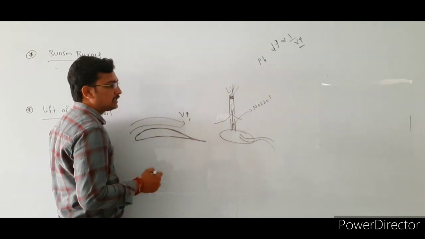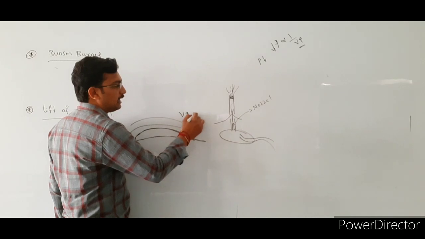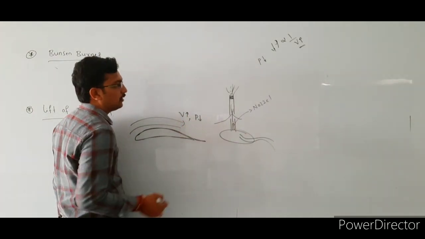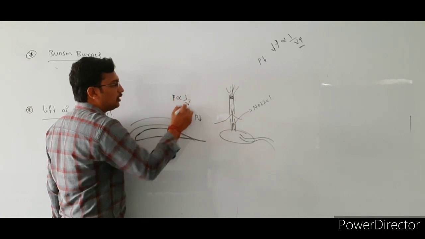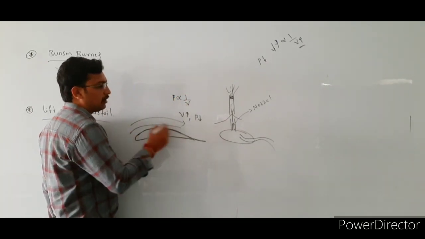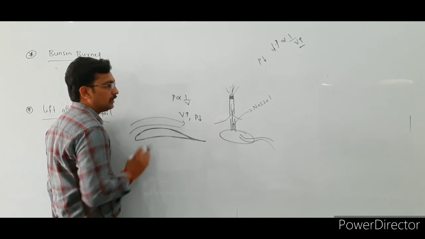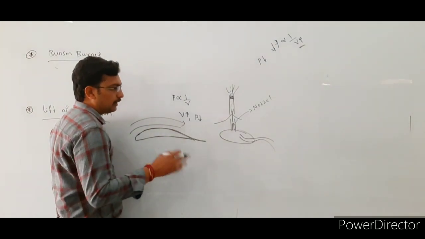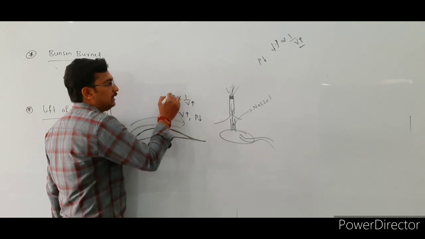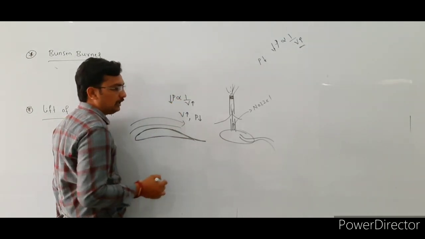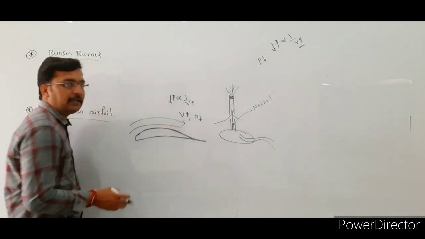If the speed is more, the pressure at that point is less, because according to Bernoulli's theorem, P is inversely proportional to V. The velocity of the air on the upper surface of the wing is maximum, so the pressure at that point is less.